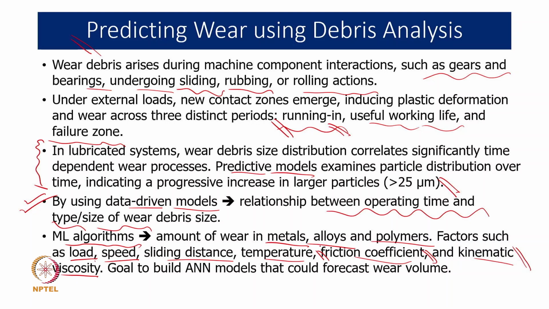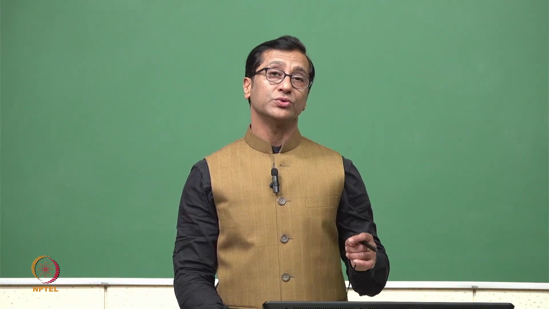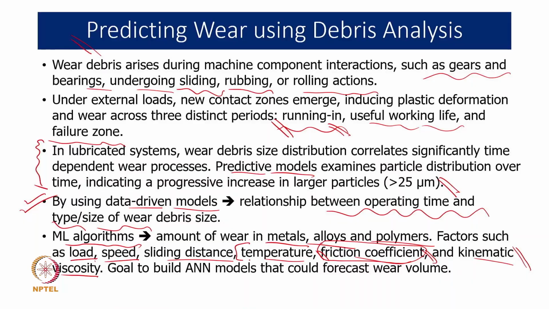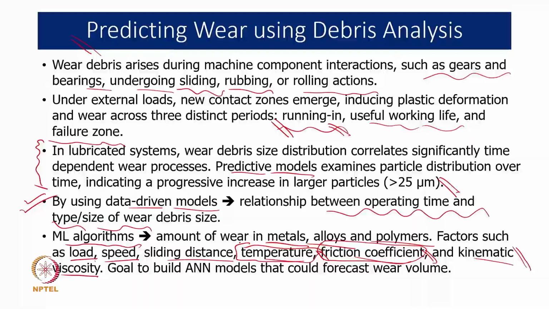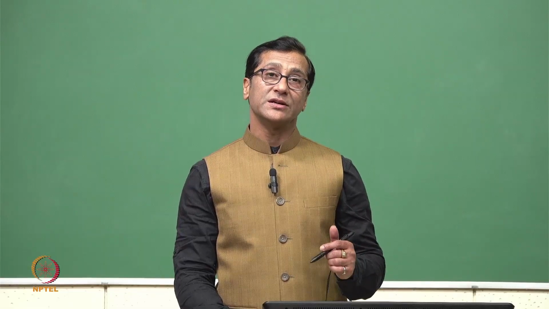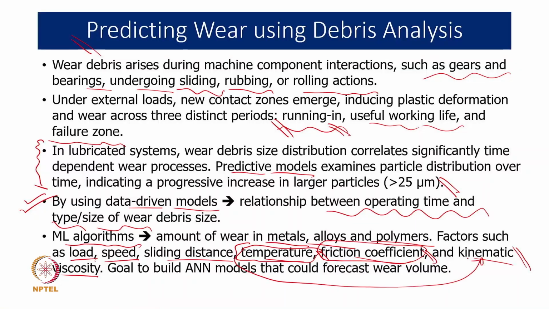Again, this may be an input, or it may come as an intermediate input from another sensor. So we are trying to establish a relation between the two sensors also. Same thing with the operating temperature. We have the initial operating temperature where we started, and then how the temperature is increasing, if we keep getting that information, and that affects the viscosity, so we are able to establish a relation.